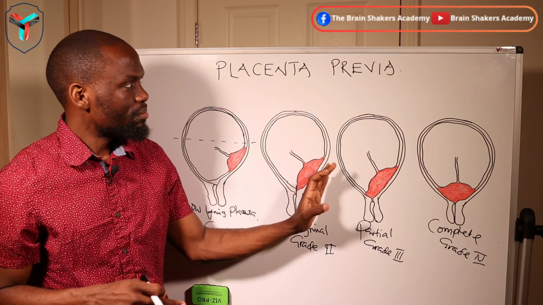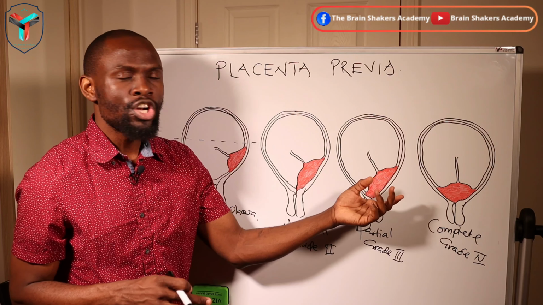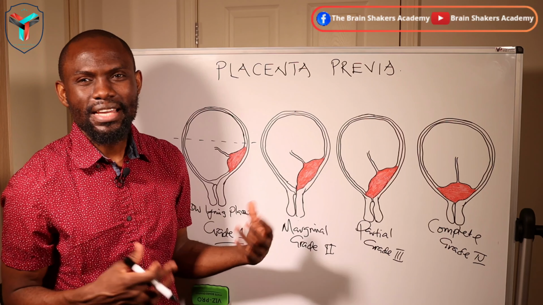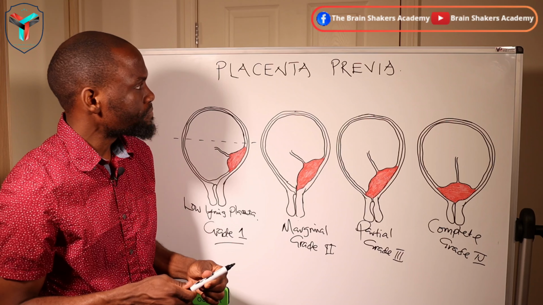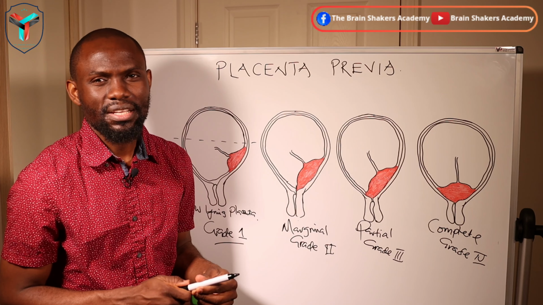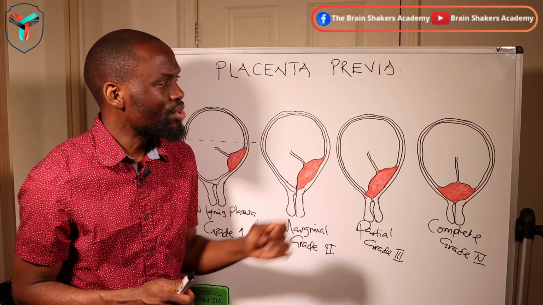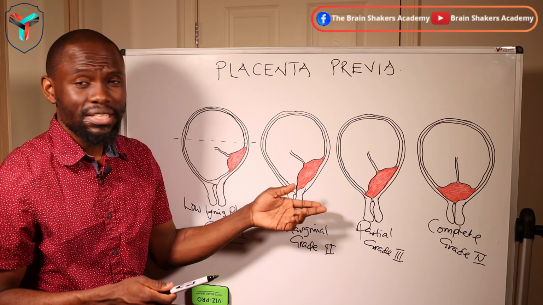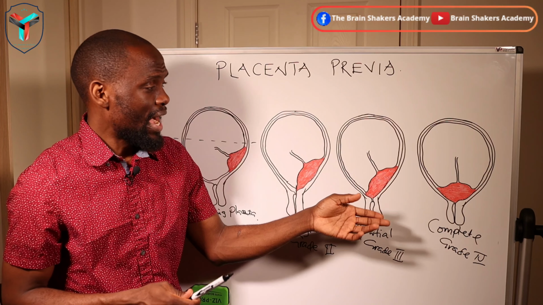And when they have a placenta previa, it is also an indication that it may culminate into a preterm delivery, because the chances of an early delivery prior to 37 weeks are higher.